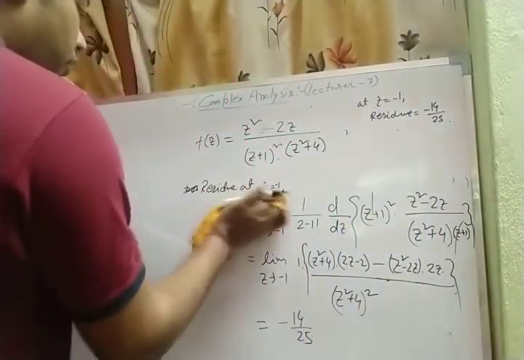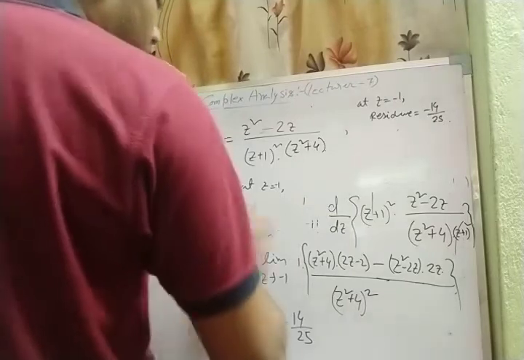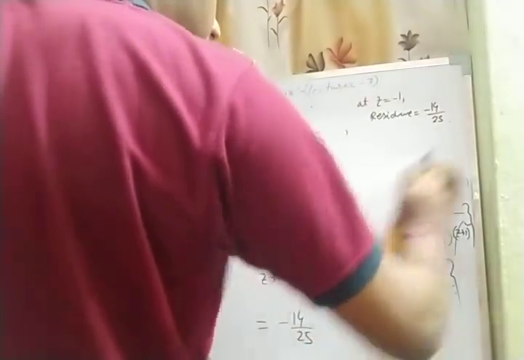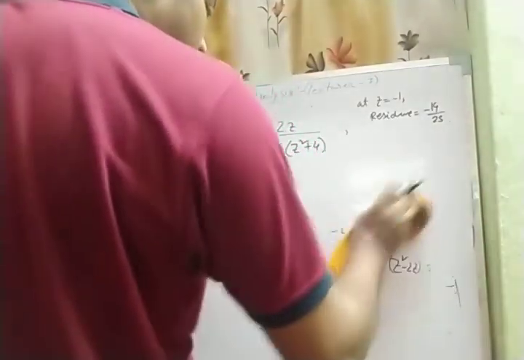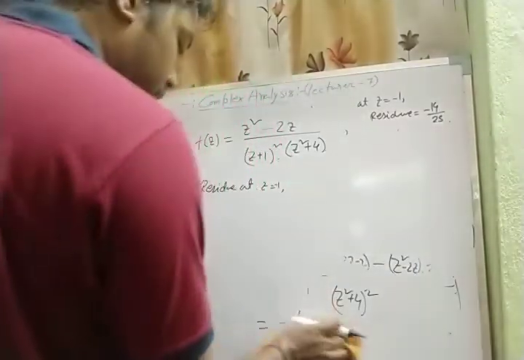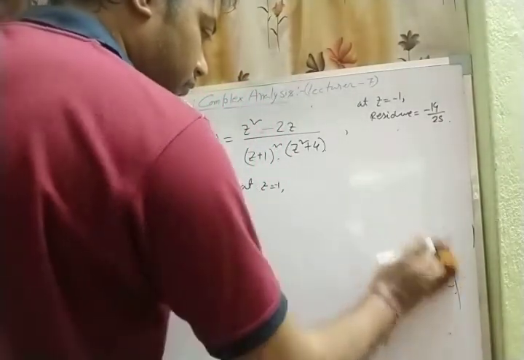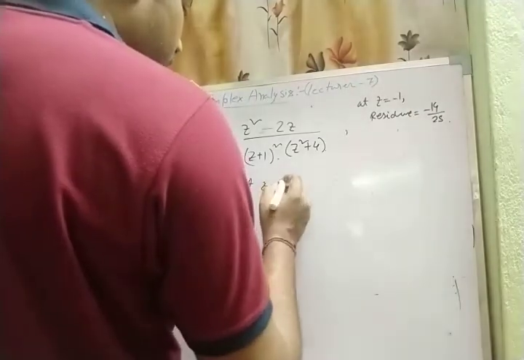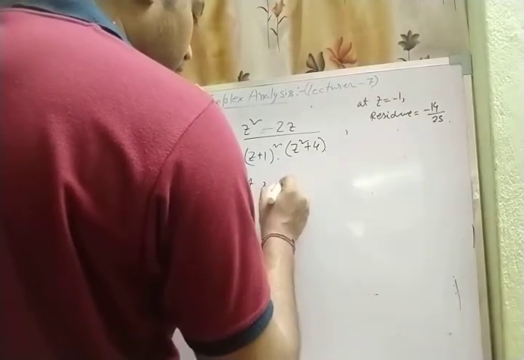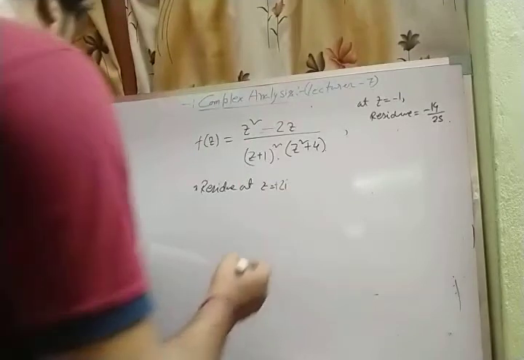Okay, now we have to find the residue at z = +2i.